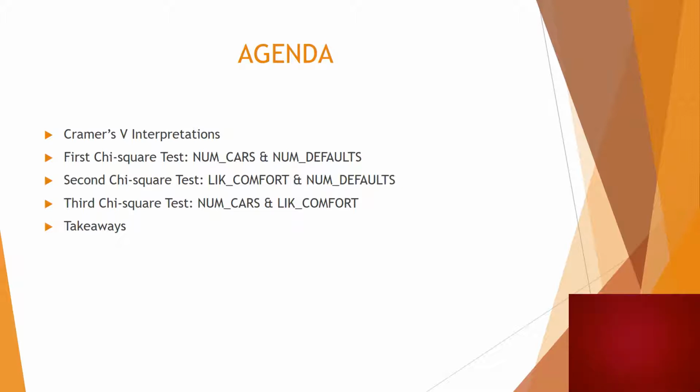The first chi-square test that we looked at was the number of car payments that they're making and the number of default loan payments that they have. And then also a comparison on the second chi-square test. LIK stands for the Likert. The Likert survey question asked them their level of comfort.